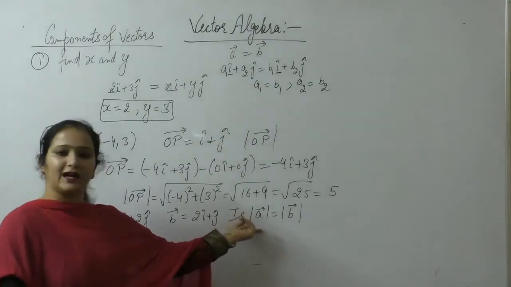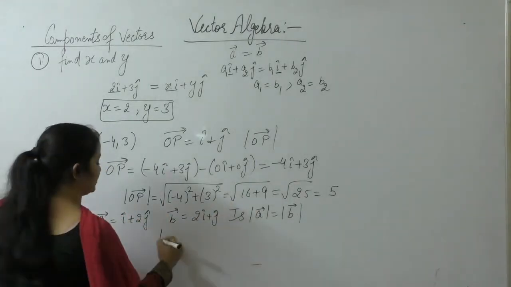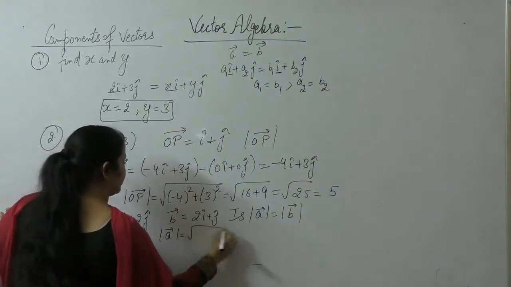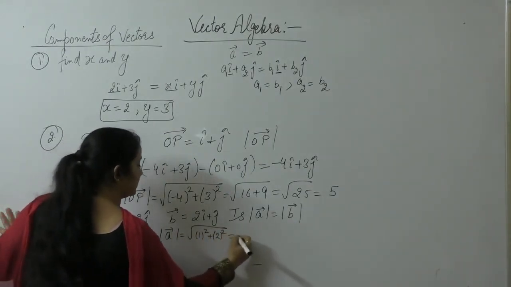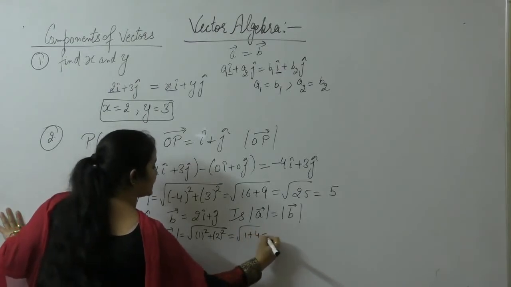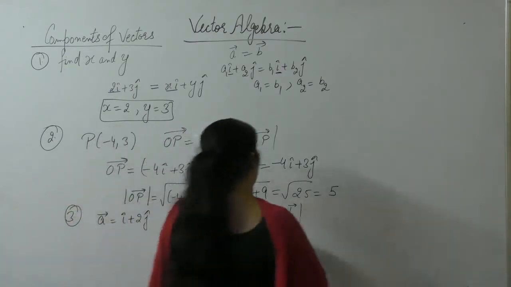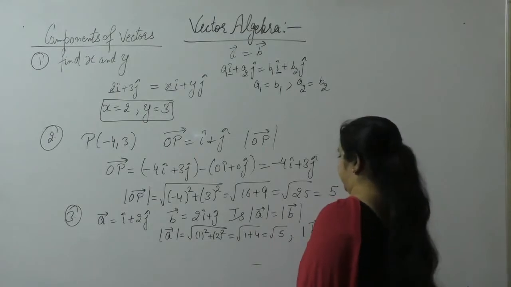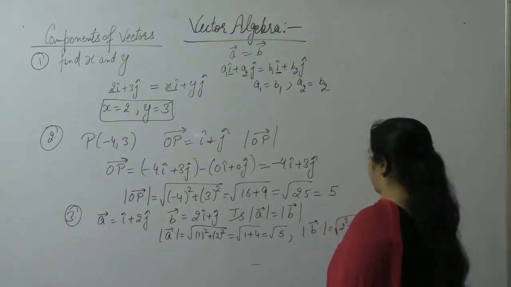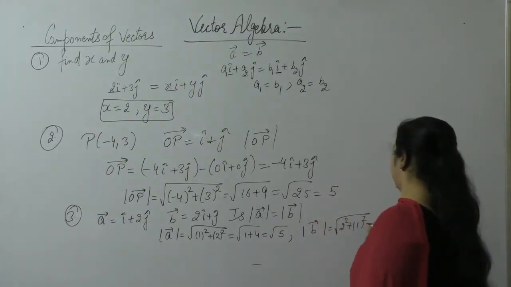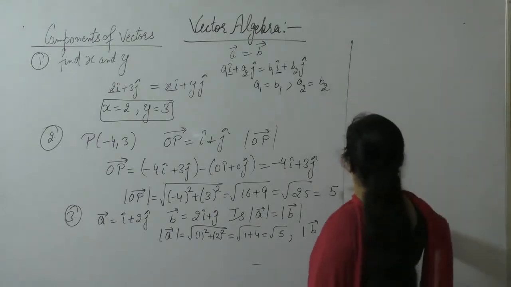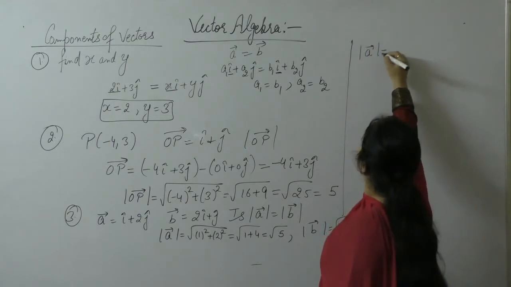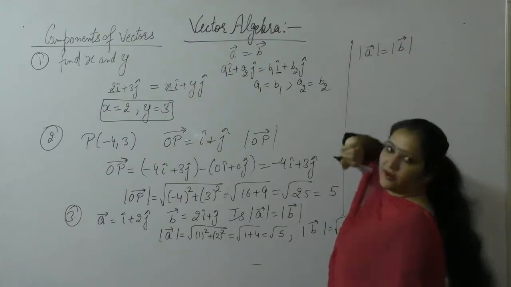Now what we want to find is the magnitude of A and then the magnitude of B. I component 1, J component 2. 1 plus 2 squared is 4, so the square root of 5. Now the magnitude of B vector: 2 squared, I component, J component is 1. 4 plus 1, square root of 5. Therefore, the magnitude of vector A is equal to the magnitude of vector B.